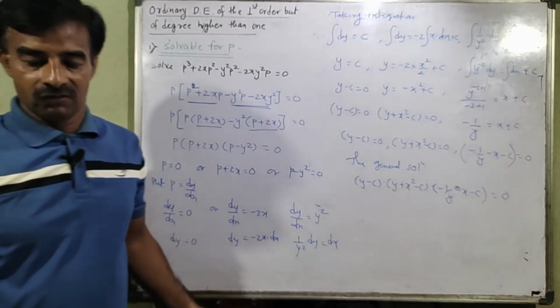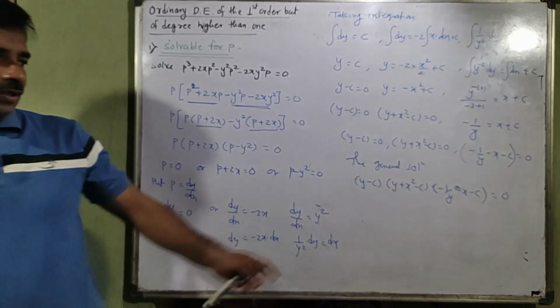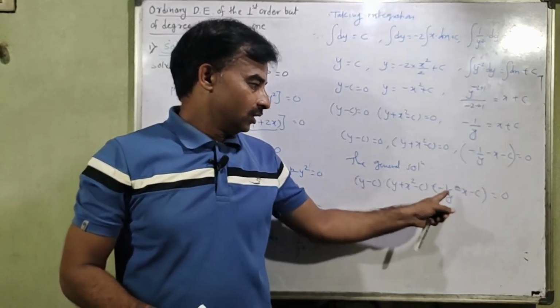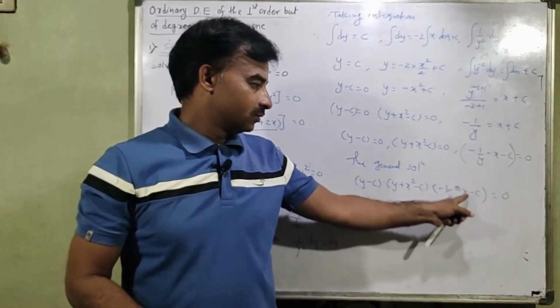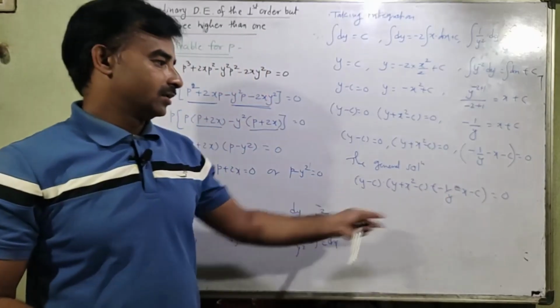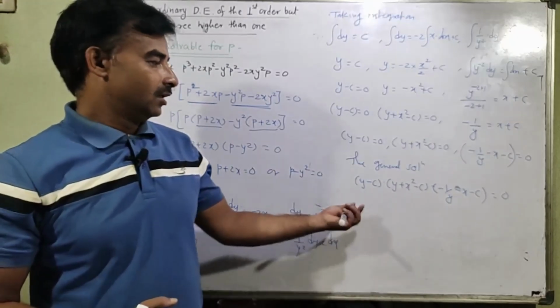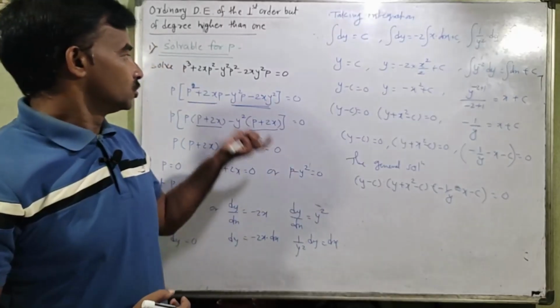And this is your final result. We are also taking the minus common here, making these terms positive, and this minus sign is transferred to the other side, and you will get the final result of that particular general solution.